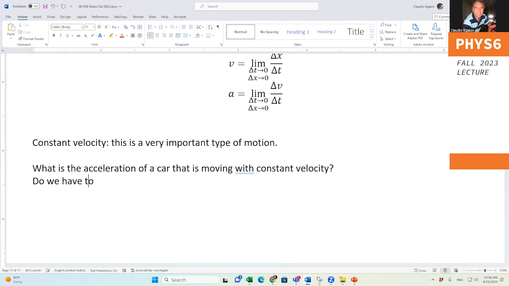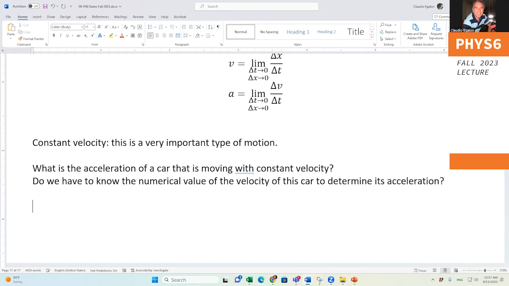Do we have to know the numerical value of the velocity of this car to determine its acceleration? That's the question I'm asking you. Think about that.